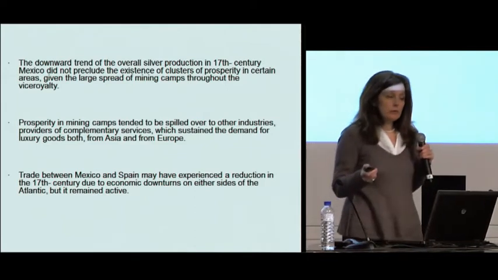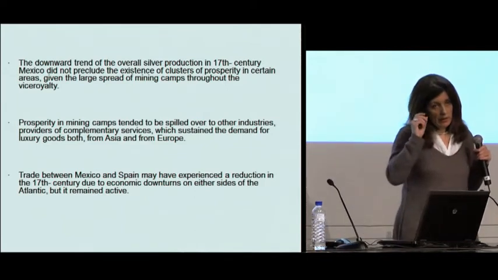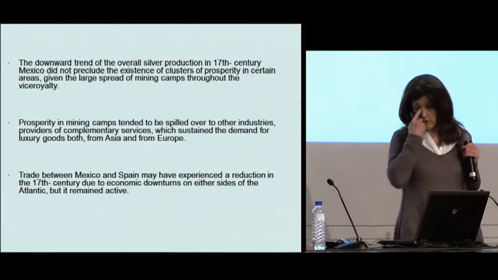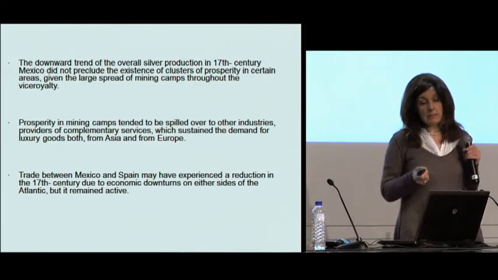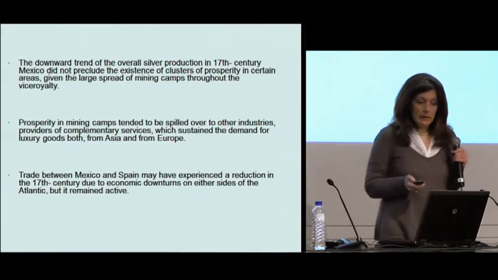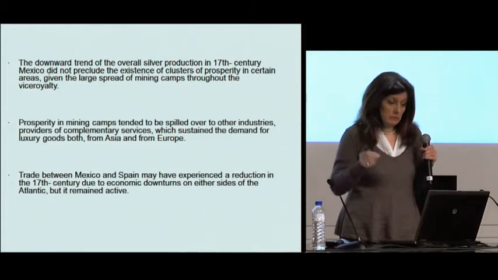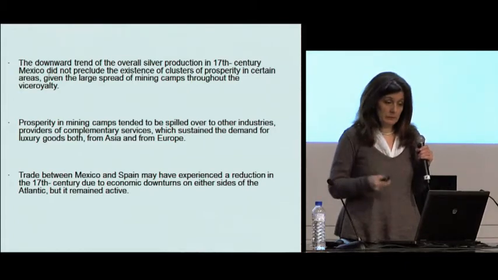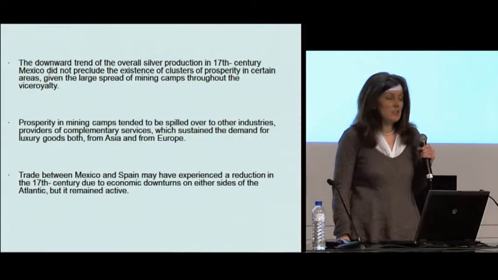Now, the downward trend in silver production, as far as we know, happened. However, there were pockets, as I mentioned, of prosperity in certain areas, such as Zacatecas. The golden age of Zacatecas was during the 17th century.